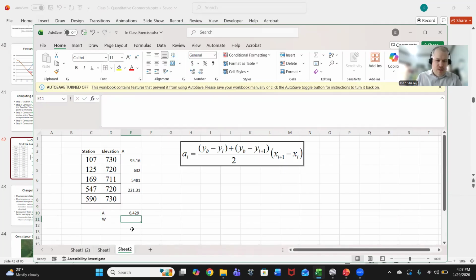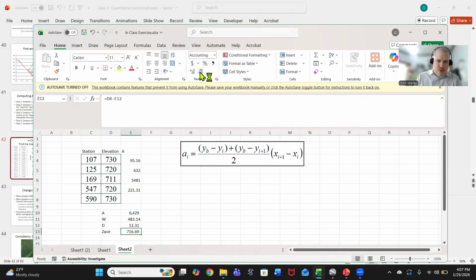The top width is the right station minus the left station at that elevation, which we don't need to interpolate in this case. And so then the hydraulic depth is the area divided by the top width. And so then the average bed elevation will be the top width's elevation, which is 730, minus the hydraulic depth.